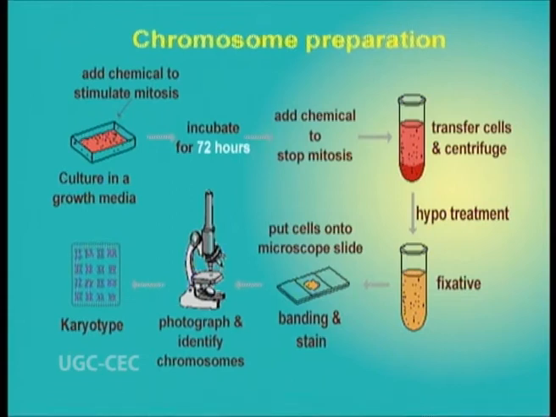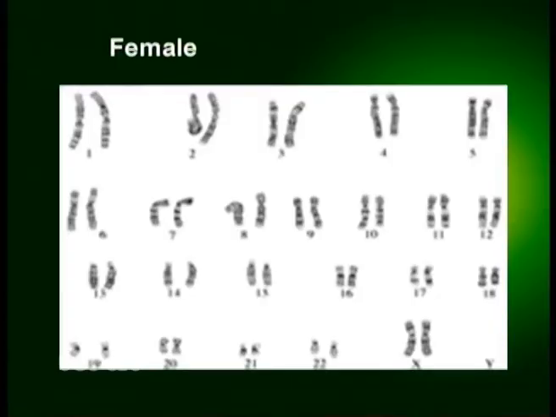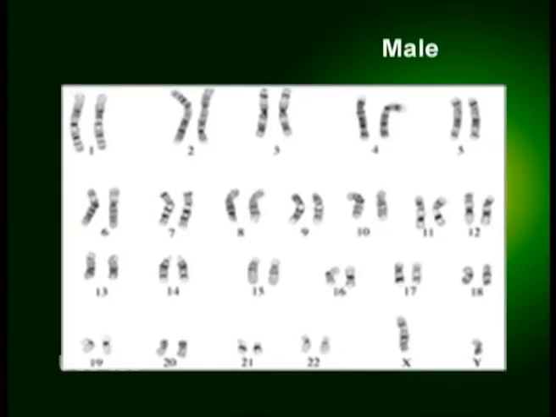To do that, we need to do a specific staining procedure. Once the chromosomes are fixed and spread on glass slides, they are treated with the chemical called trypsin, then stained with Giemsa. Once we do that, each chromosome has a specific banding pattern. So, that helps in identifying every pair of chromosomes.